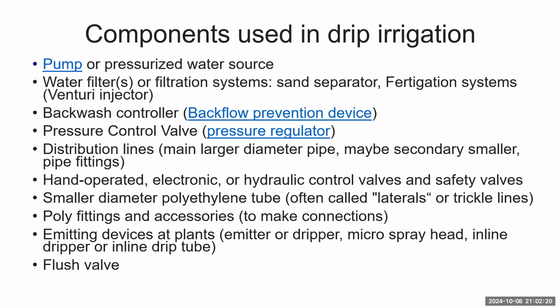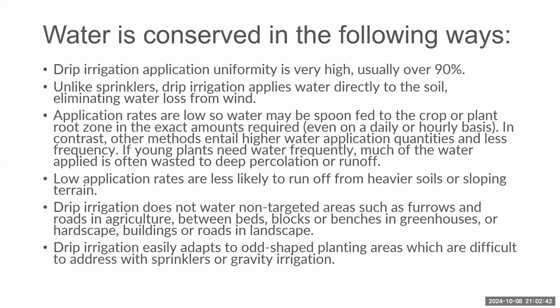And there are small diameter polythene tubes, which are called laterals or trickle lines. Then some fittings and accessories are required to make connections to the lateral and dripper. The drippers are the emitting devices at the plant. And at the end of the lateral line, there is a flush valve to flush the lateral periodically.